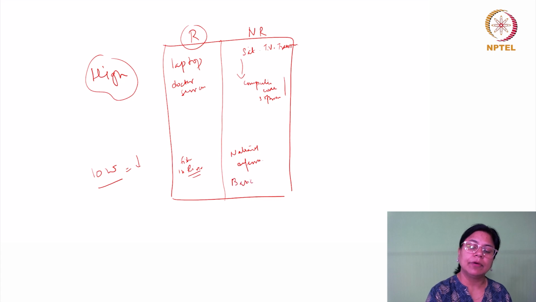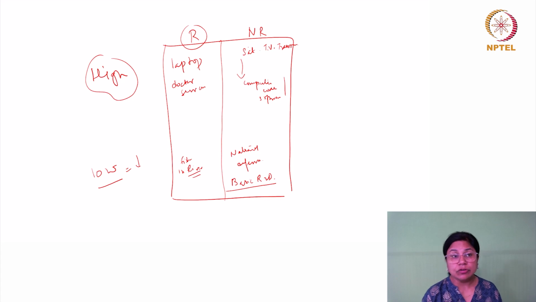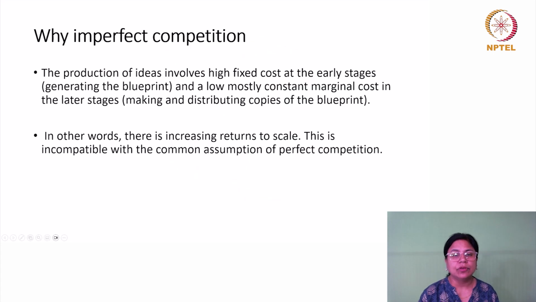It becomes very difficult to exclude others from using them, and the additional cost of using them is very low, so the marginal cost falls to zero. These are some of the very important points that come from Romer's model.